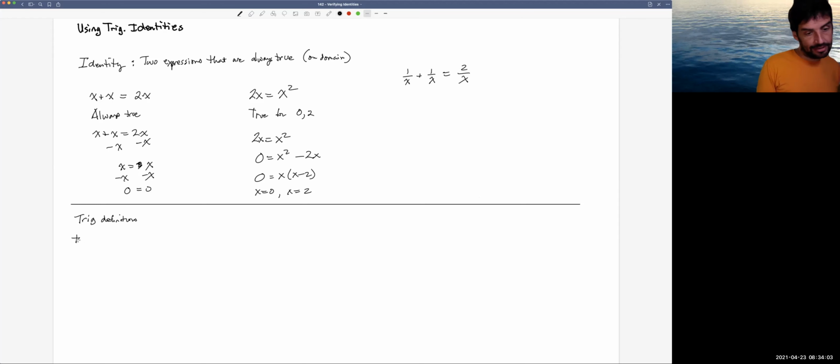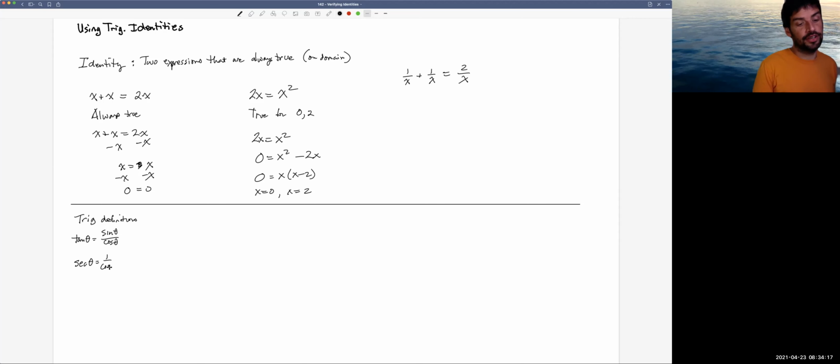For instance, tangent of theta is equal to sine of theta over cosine of theta. We can think of this as an identity when it's useful in an equation or expression. Secant of theta is 1 over cosine of theta. Cosecant of theta is 1 over sine of theta.